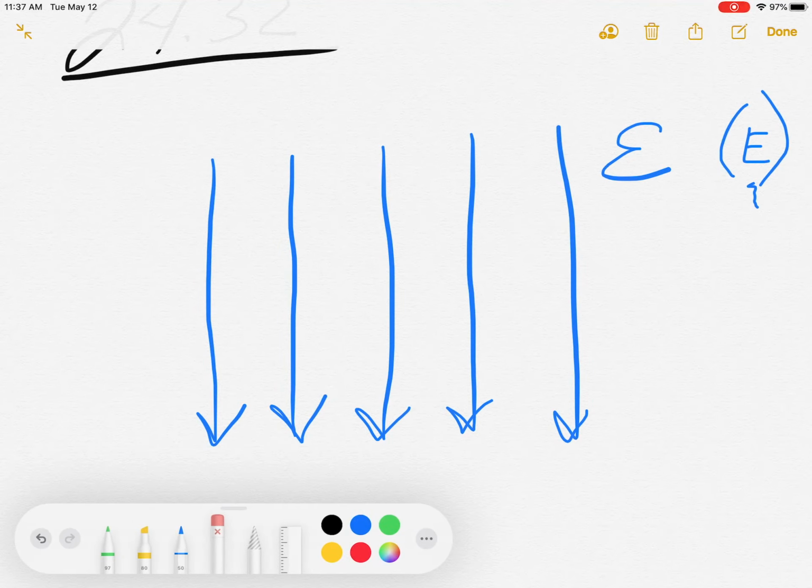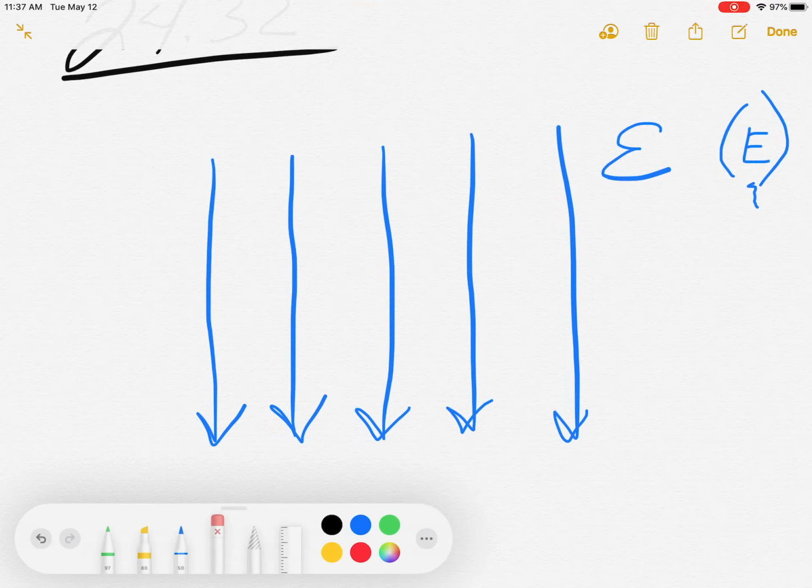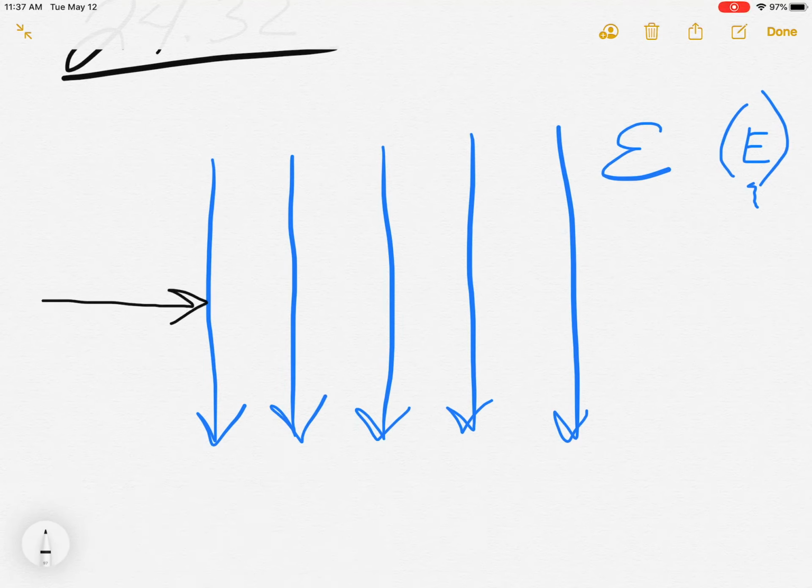So let me erase them, now that we kind of get that in our heads. Let me erase this stuff. And let's draw a picture of what the particle is doing. So the particle, I'll draw in black, is moving this way. It's entering the field.